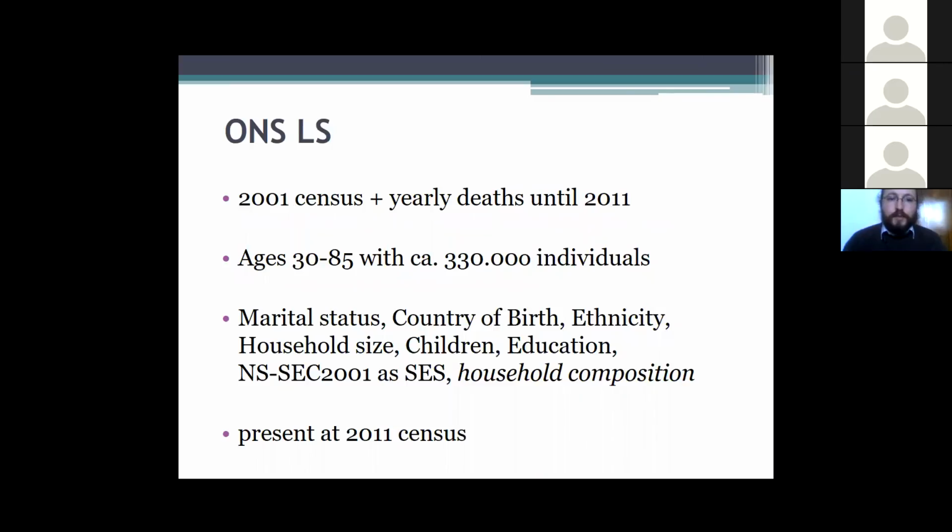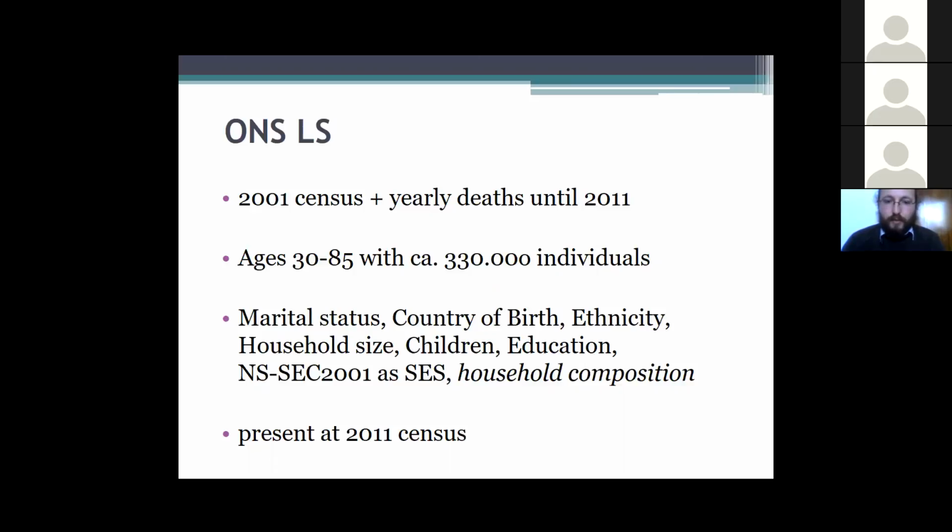So we use the ONS longitudinal study, specifically the data from the 2001 census, as well as yearly death events until the 2011 census. We decided on the age groups 30 to 85, which is about 330,000 individuals, with marital status or partnership status being our main variable of interest.